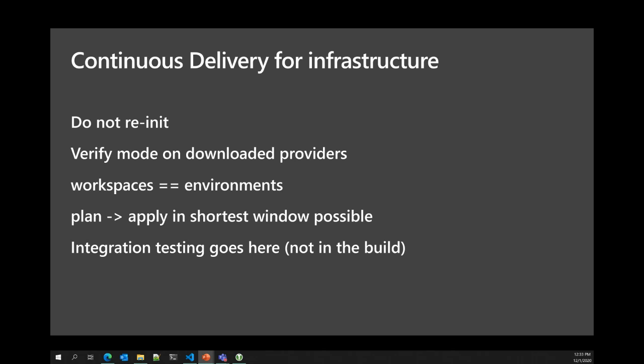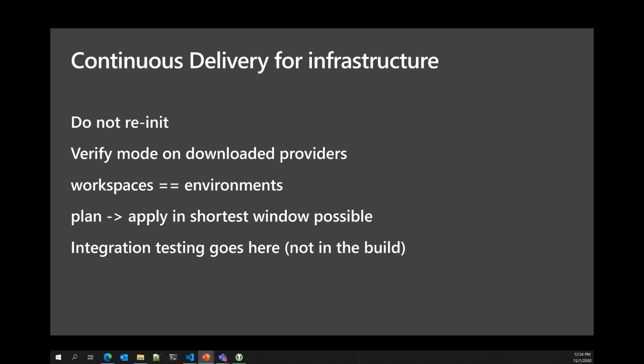The next thing within our continuous delivery phase is that we want to make sure that the time span between the generation of the plan for a given environment and the application of that plan on the environment is as short as possible. The reason is that plans are temporal artifacts. In Terraform, when you generate a plan, it looks at the current state of the infrastructure, compares that against the definition you have in code, and determines a set of actions it needs to take in order to make the infrastructure look like what you have defined.